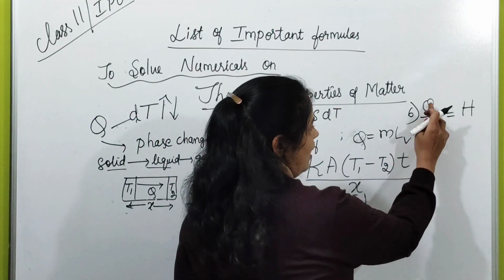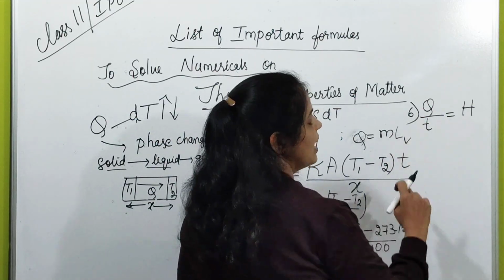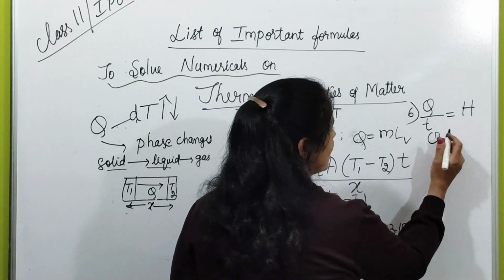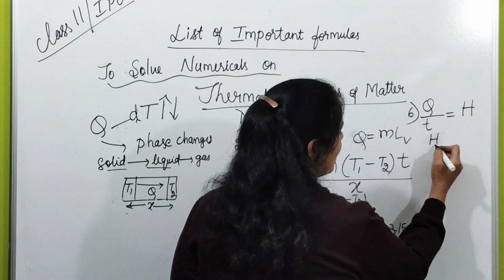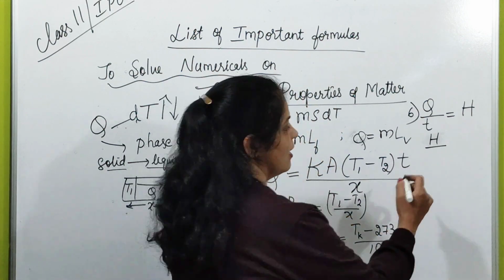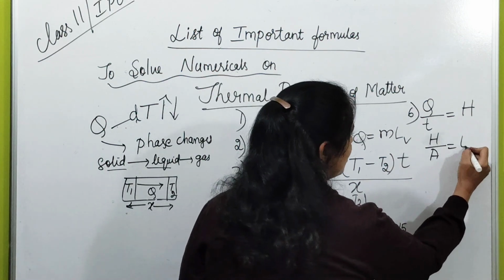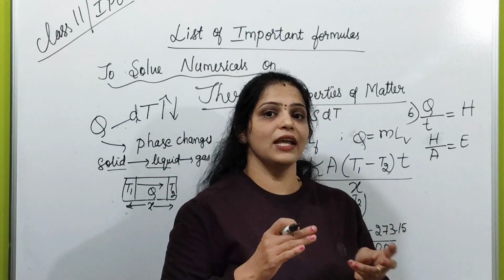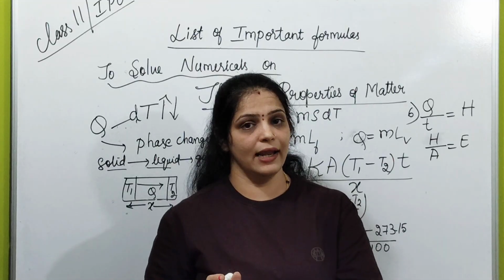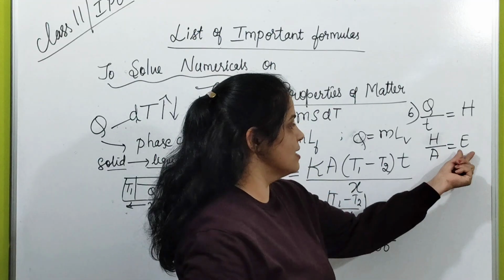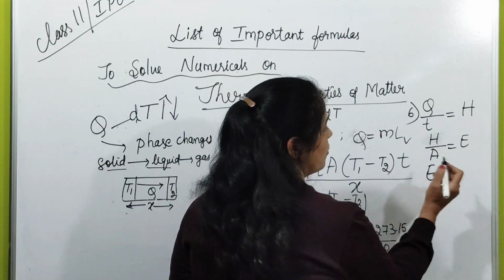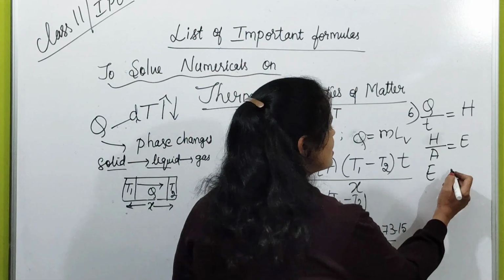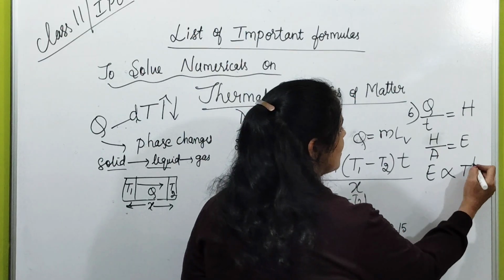The energy emitted per second per area can be written as H by A, which is equal to E. E is the energy emitted per second per area by the black body, which according to Stefan's law is directly proportional to T to the power 4.